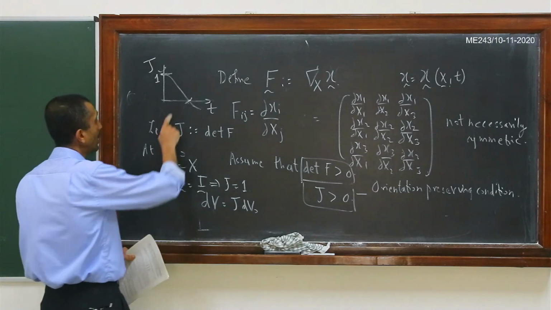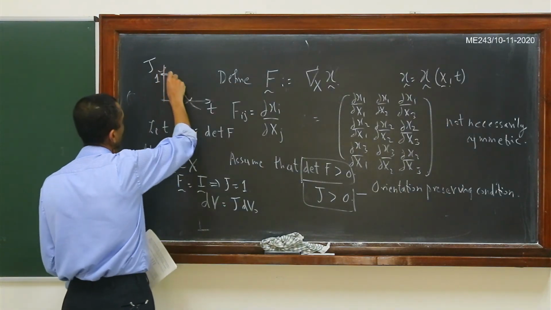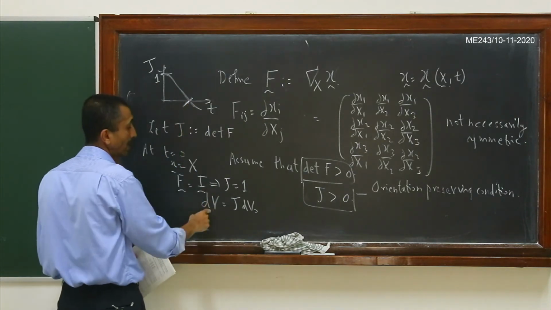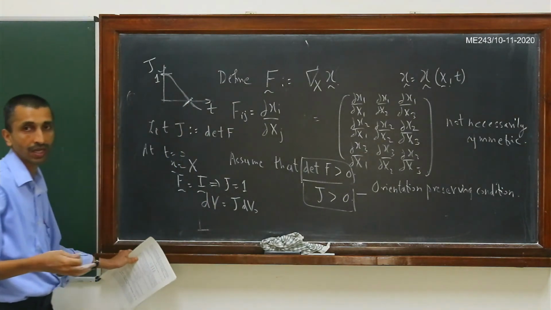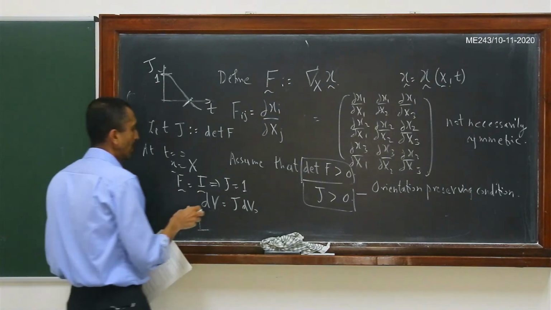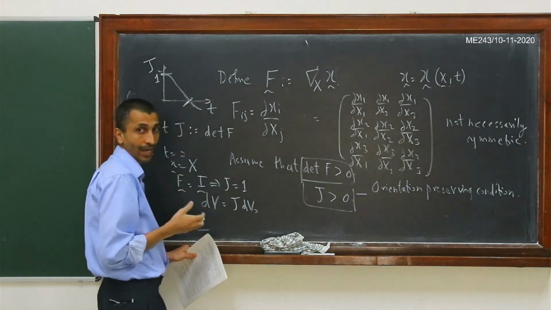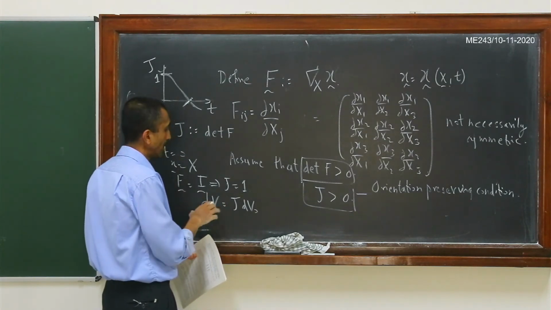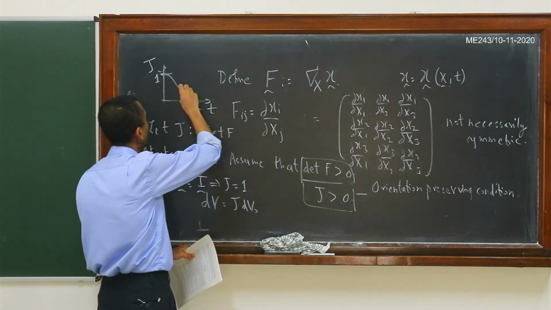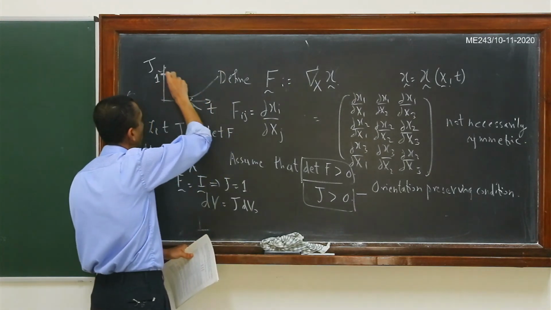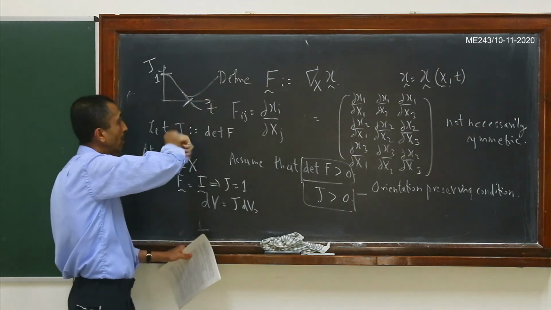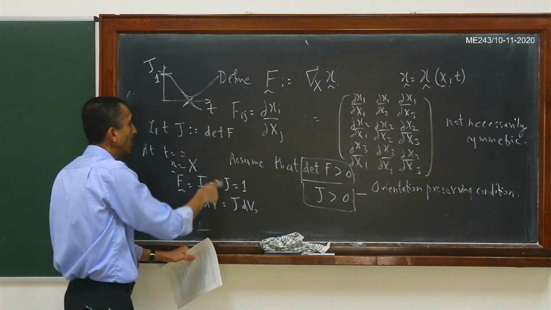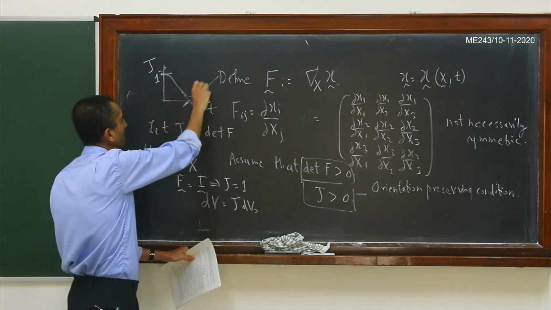If J becomes 0, then dV becomes 0. Physically speaking, we do not allow the volume to be annihilated. That is the reason we say det F always remains positive: it starts from 1 and is a continuous function, so it cannot jump to the negative side without crossing 0, and it cannot become 0 because dV would become 0.